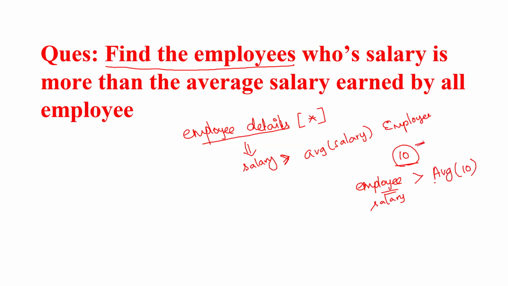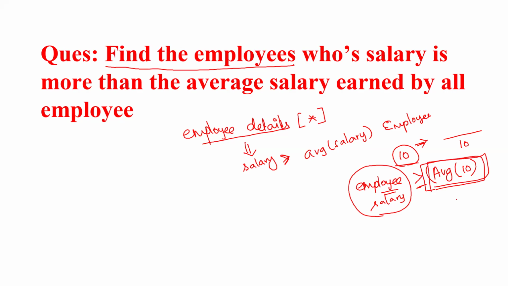You have to calculate the addition of all the salaries and divide by the total number of employees. That gives you an average salary. So we have to find this average salary and compare it with each and every employee, and retrieve the data whose salary is greater than the calculated average salary.